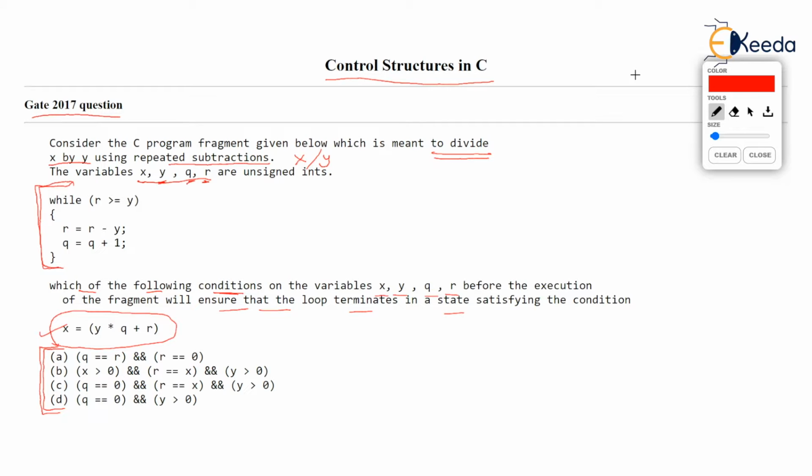I hope you are understanding. Now many readers, many beginners would feel that this is division, q is quotient and r is remainder and all that. No, I don't solve the questions like that, because I am a programming guy, and being a programming person, I just read the code given with the conditions.